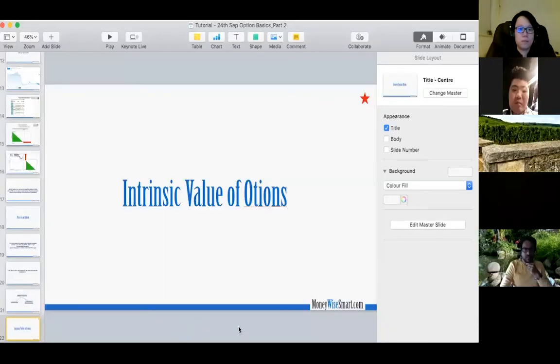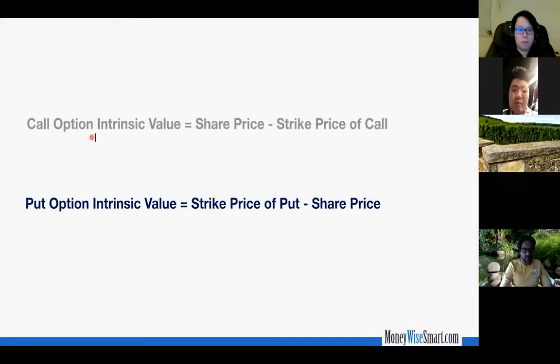So I'll go and share the screen once again. Okay, so earlier we had seen that for a call option, the intrinsic value is equal to the share price minus the strike price of the call.